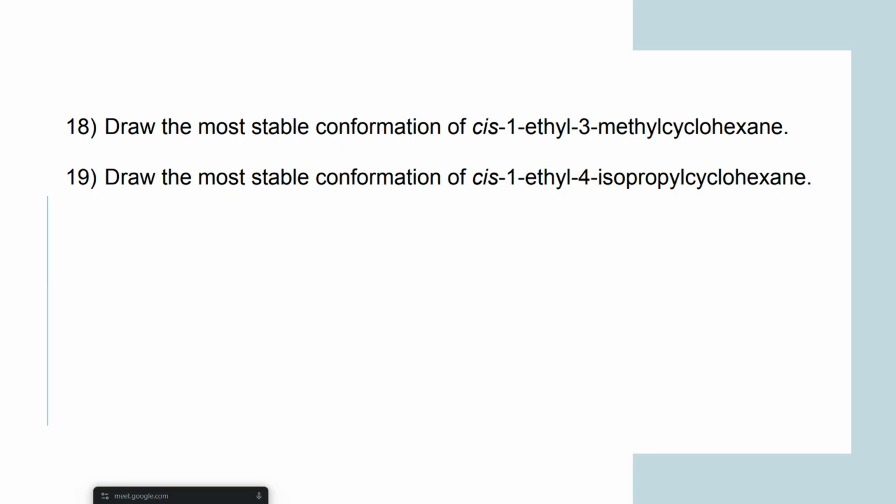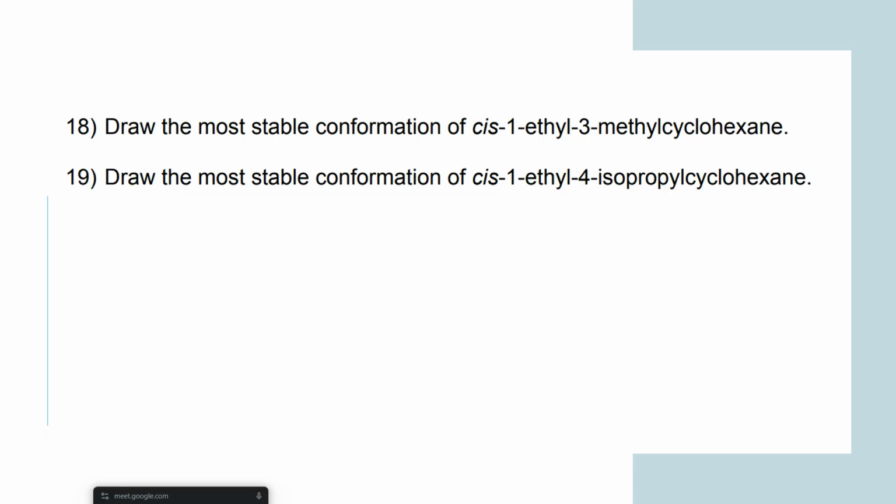So you have to draw the most stable conformation of cyclohexane, where in the first question you will have to put 2 different substituents in 1 and 3 position. In the first position, you will have an ethyl substituent, and in the third position, you will have a methyl substituent. And similarly, in the second question, you will have ethyl substituent in the first position and isopropyl substituent in the fourth position. So let us solve these questions one by one.